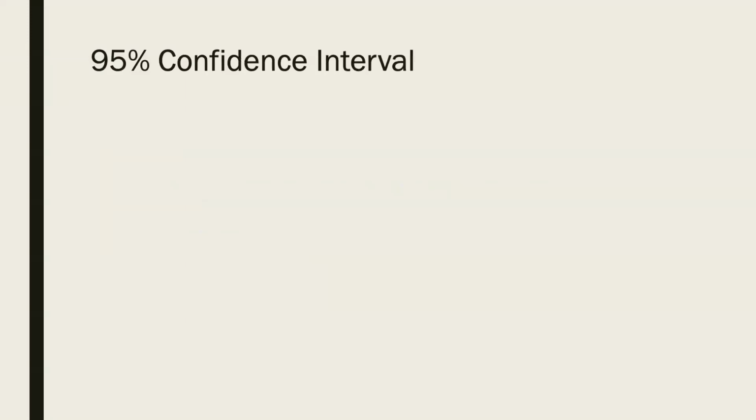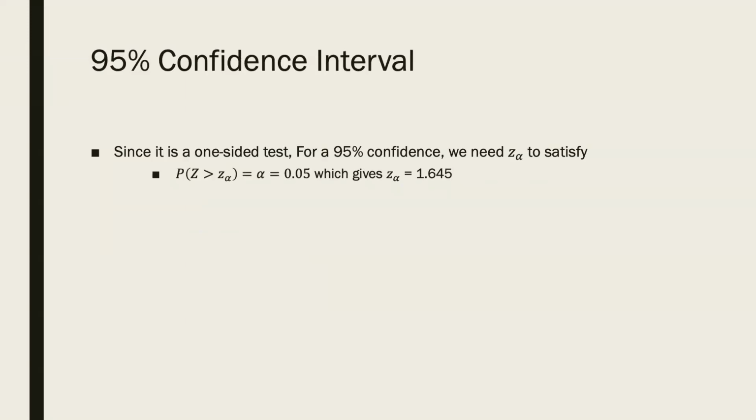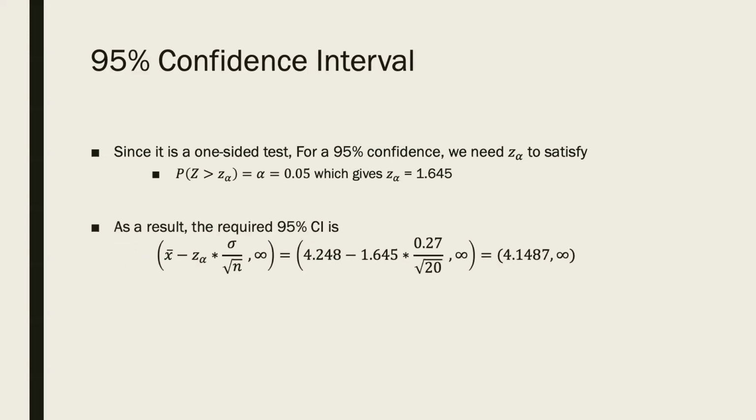So from the previous example, because we know that it's a one-sided test, we just need a z-score of 1.645. As a result, if we want to compute the confidence interval, because it's one-sided, we just need to do one side, okay? So it's just the sample mean minus the z-score times the standard deviation over the square root of our sample size.